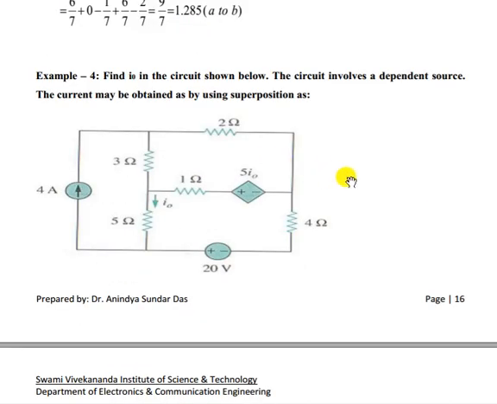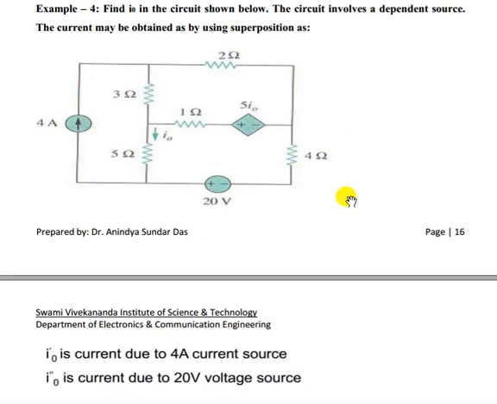Now let us take an example of a circuit with a dependent source. For a dependent source, you must remember the point that a dependent source we cannot deactivate. It must be kept intact. We cannot touch the dependent source.